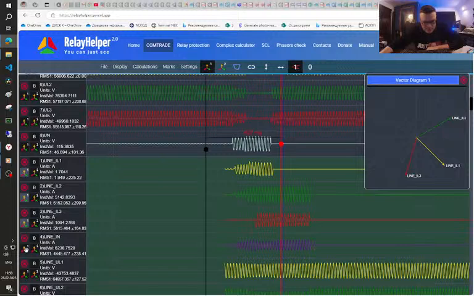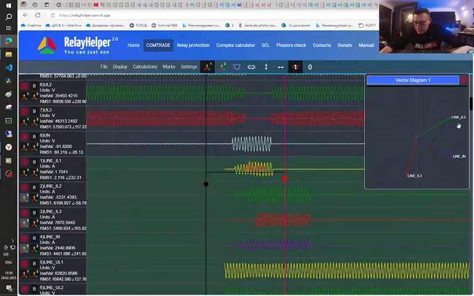And I want to add, remove phase A, but you can see that the angle between phase A and C is almost 120 degrees, and the current in neutral, this purple channel, is like turned to 180 degrees current from AC.